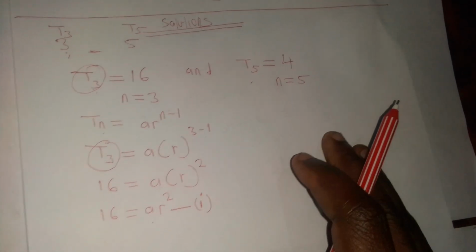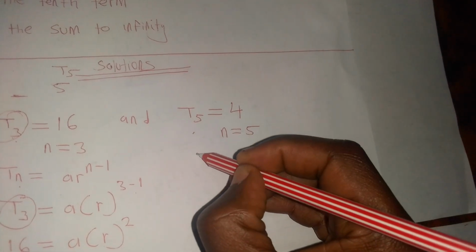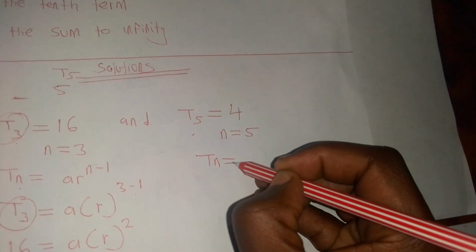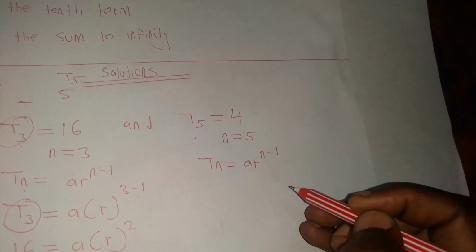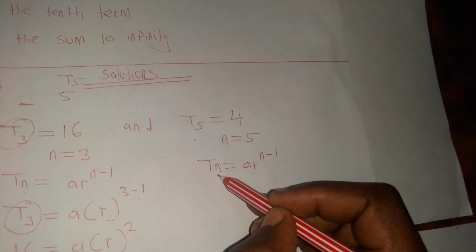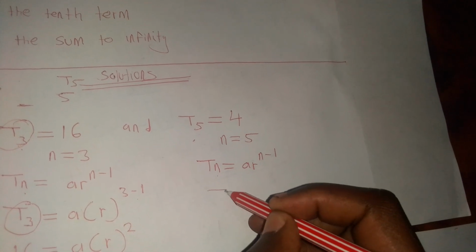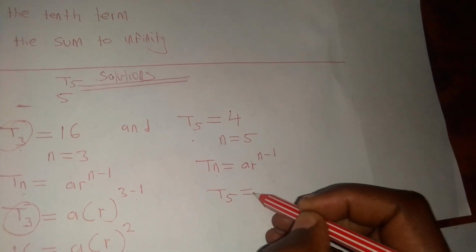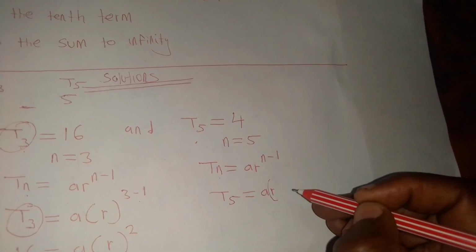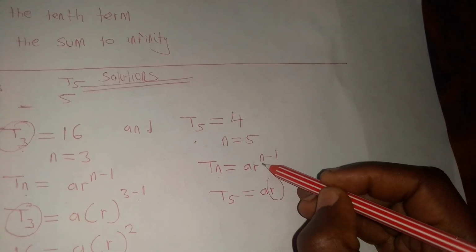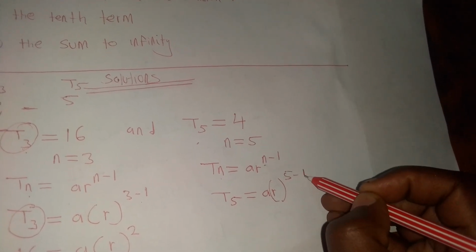Then let's go to term number 5. We use the same formula. Tn equals A r to the power n minus 1. Where there is n, we put term number 5, which is T5. So T5 equals A r, open the bracket, n is 5, so 5 take away 1.